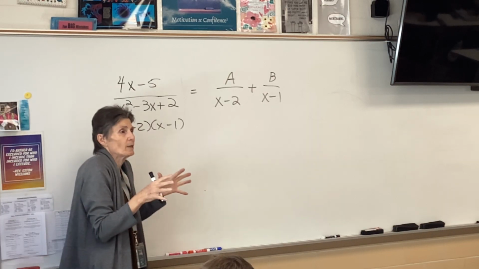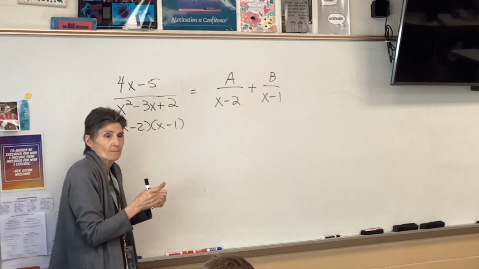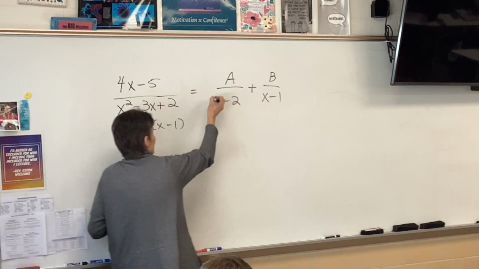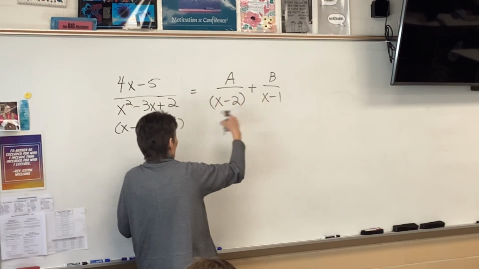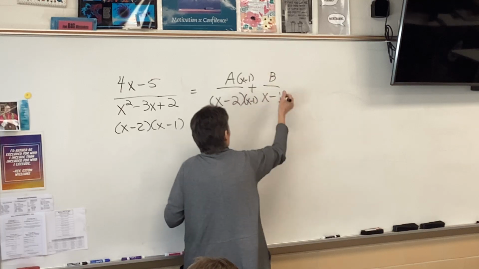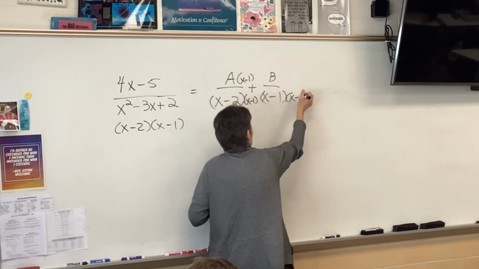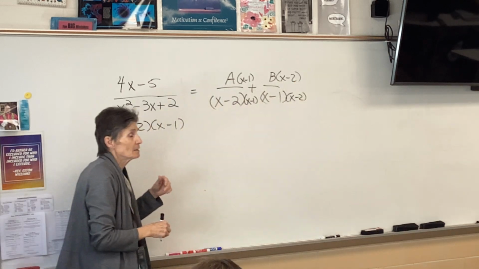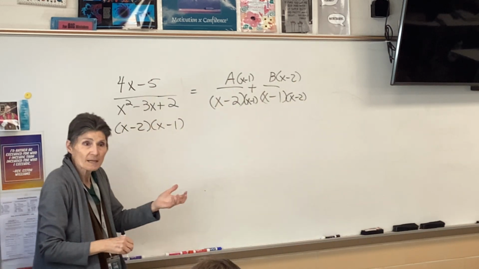That's awesome. What are you doing now? Get a common denominator. And the common denominator will be both of the fractions. So this one needs an x minus 1. This one needs an x minus 2. Okay, now we have a common denominator.